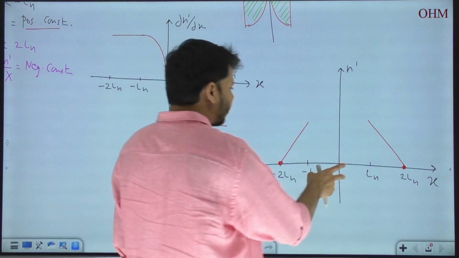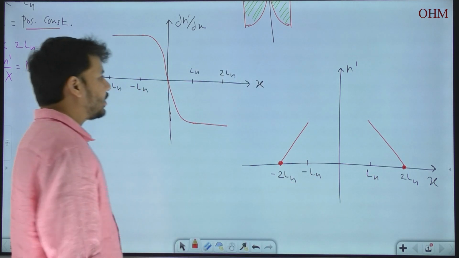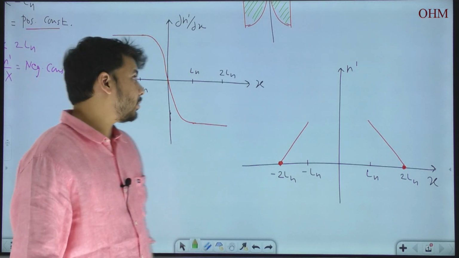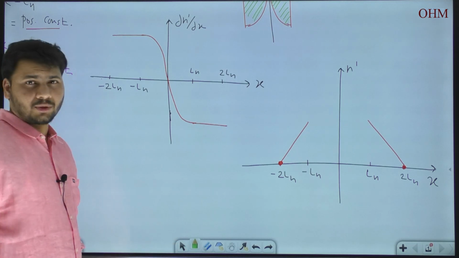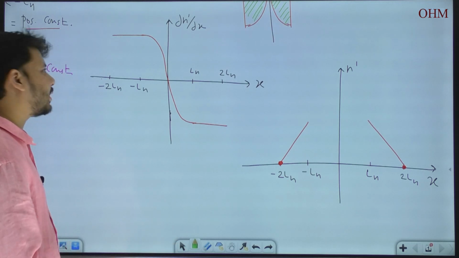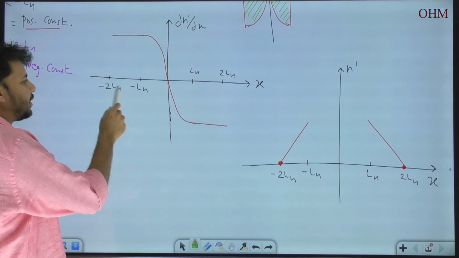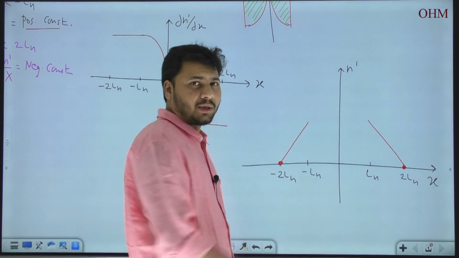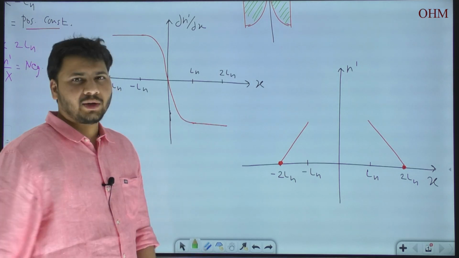And then what happens in between minus ln and plus ln? Again, further you have to integrate this thing. So what happens when you integrate this first derivative or slope with respect to distance? Let us not worry about the range between minus 2 ln and minus ln, since for this range we have already drawn the minority carrier concentration profile, where it varies linearly.